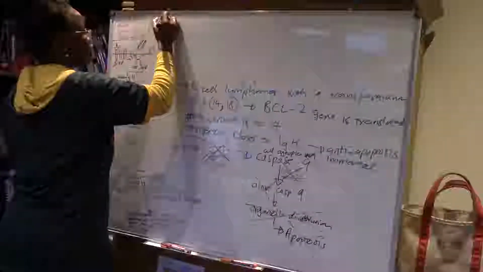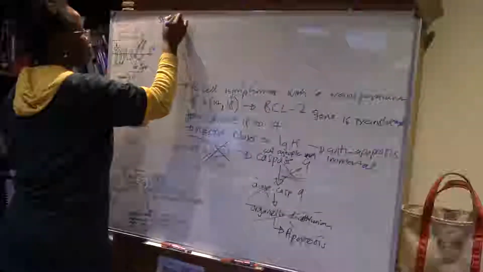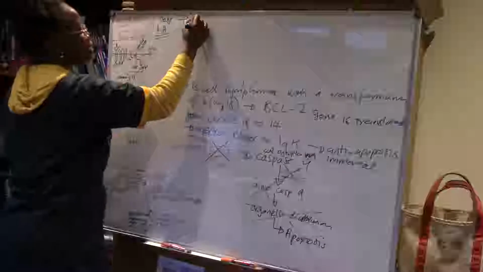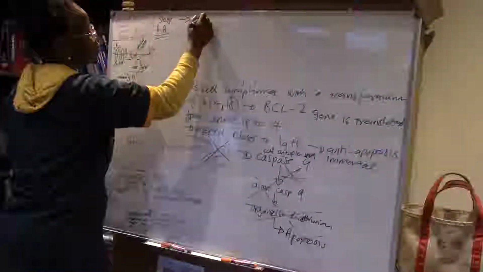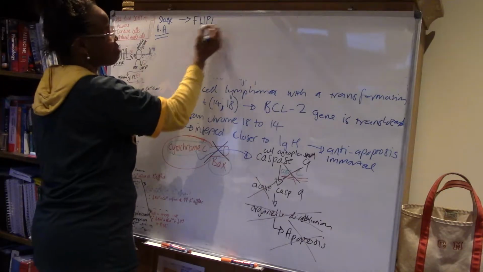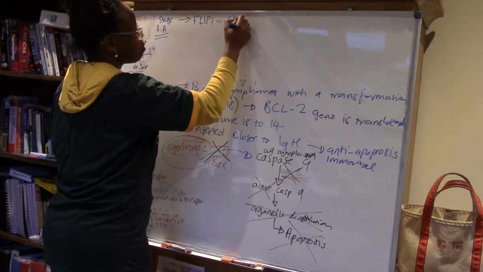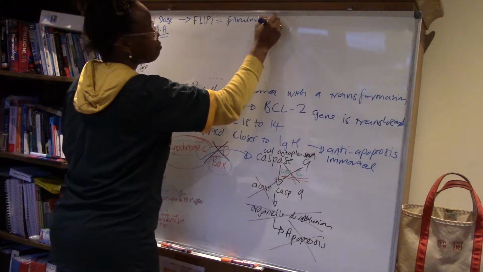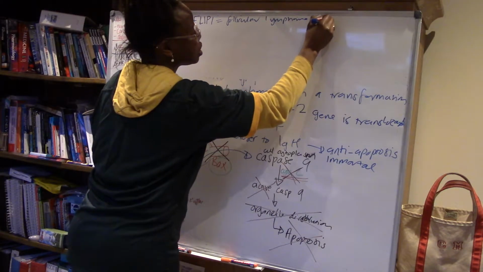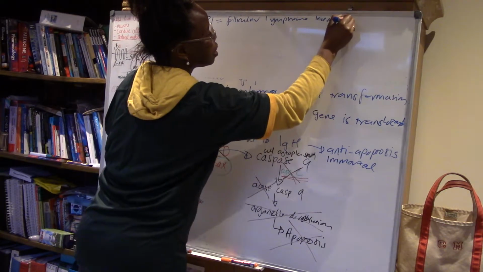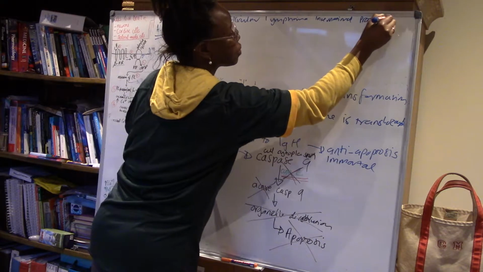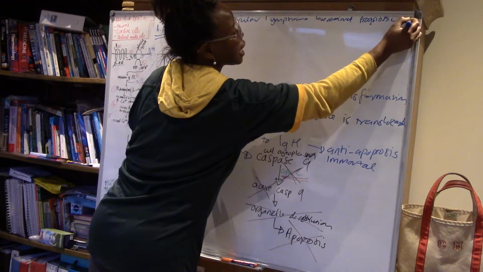After staging, you stage using the Ann Arbor, and then perform a FLIPI, which is really the Follicular Lymphoma International Prognostic Index.